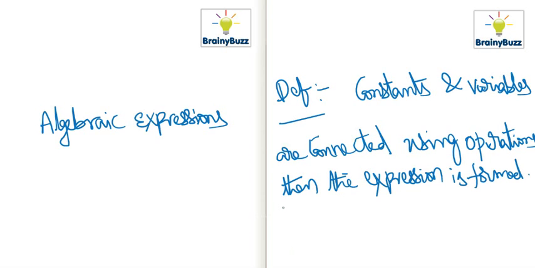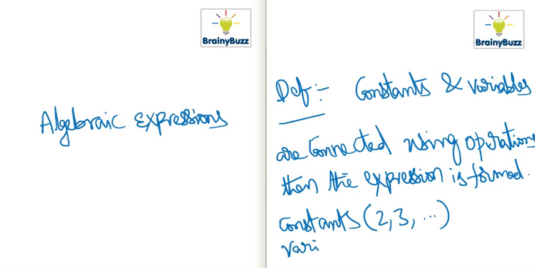Now, some terms. Constants means numbers like 2, 3 and so on. These are constants. The value will not change. And variables: the value changes. X, Y, A, B and so on.